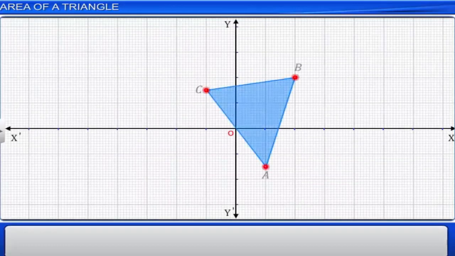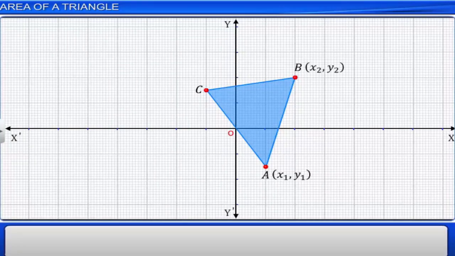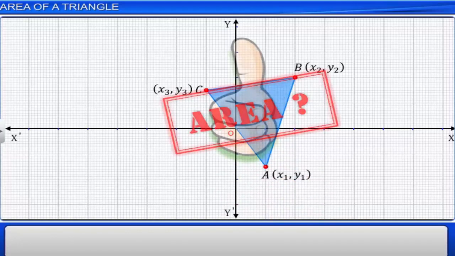Given a triangle ABC, with vertices having the coordinates x1, y1, x2, y2, and x3, y3. How do you determine its area? Yes, you are right.